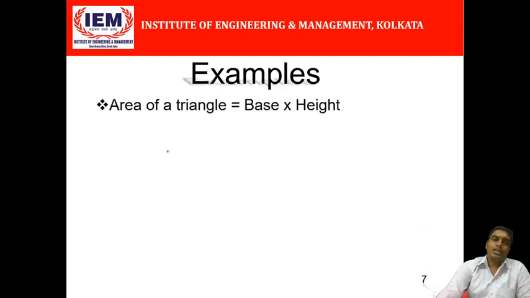The area of the triangle, that you know, is half base into height. If you write the area of the triangle as A, then base and height are two independent variables, so area is a function of two independent variables, base and height. This is also one example of a multivariable function.